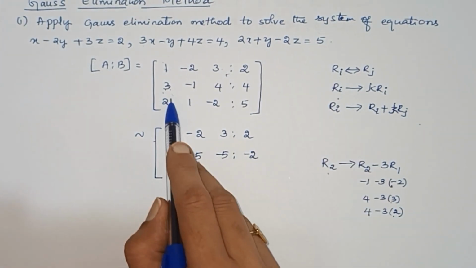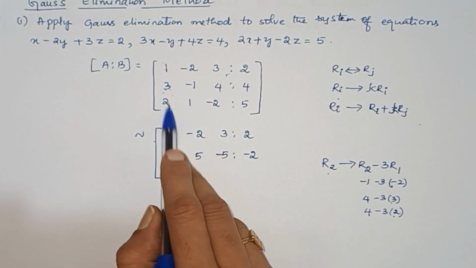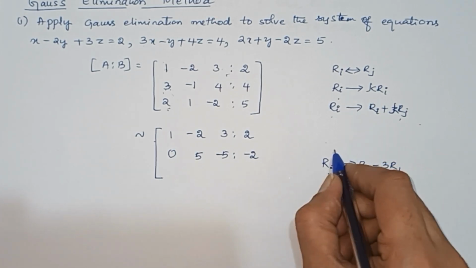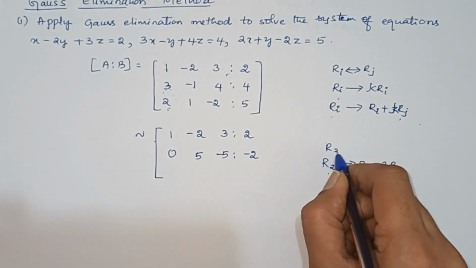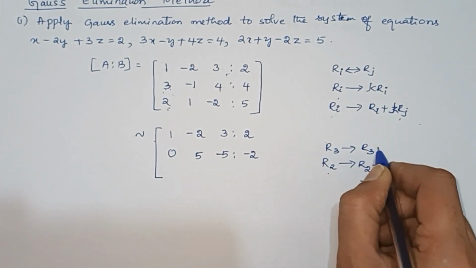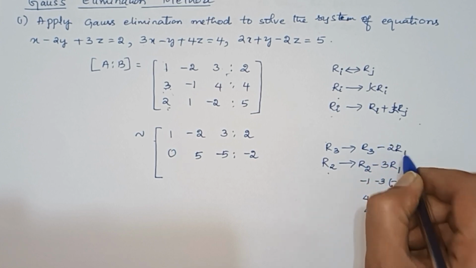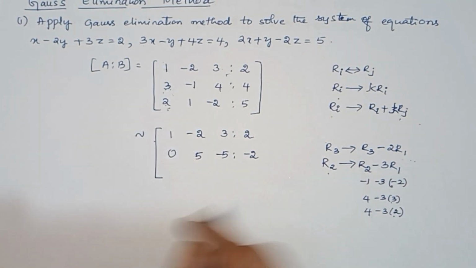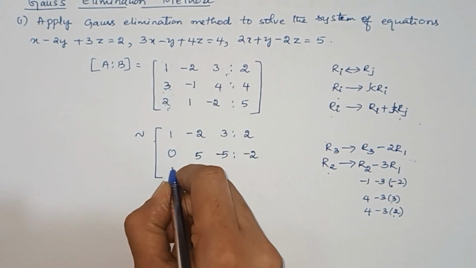Now this element 2 has to be made 0. So we can go with this operation, that is R3 changes to R3 minus 2 into R1, because 2 minus 2 gives you 0. So we will get 2 minus 2, it is 0.